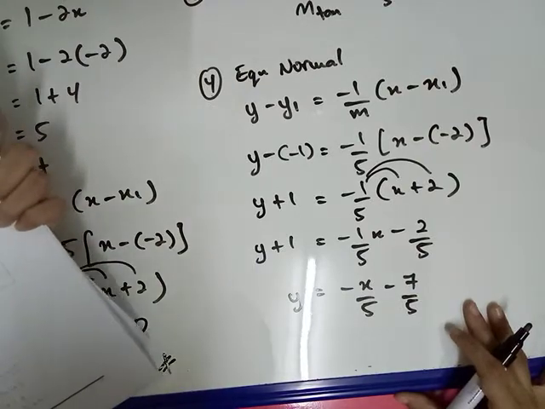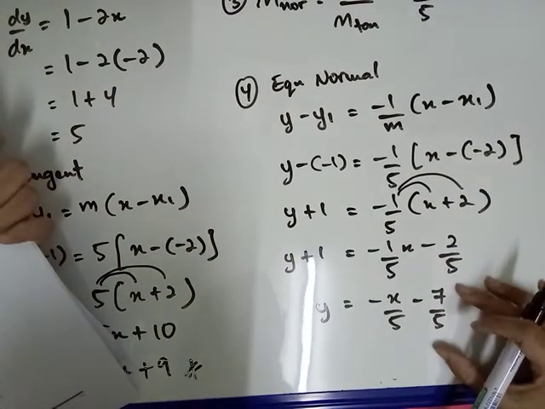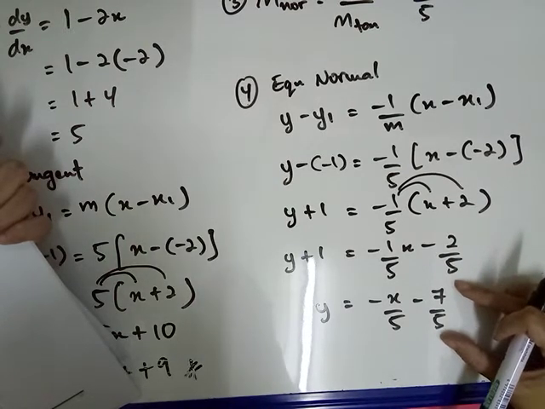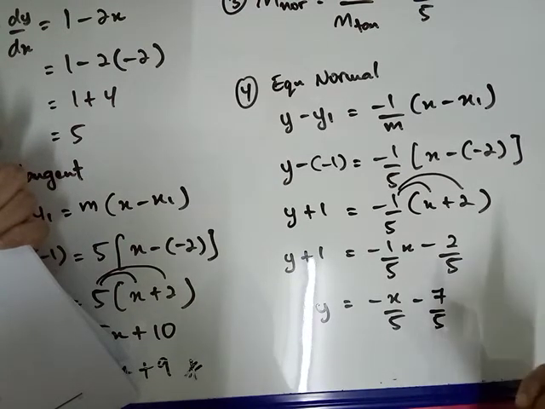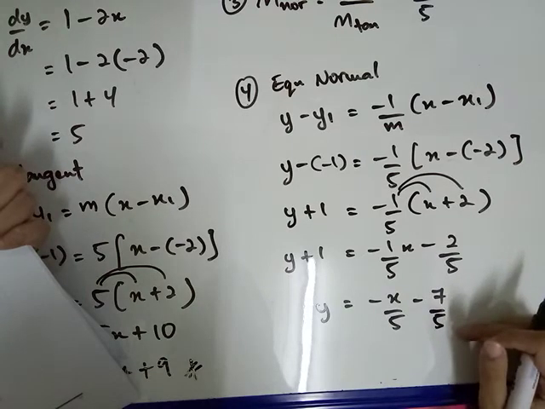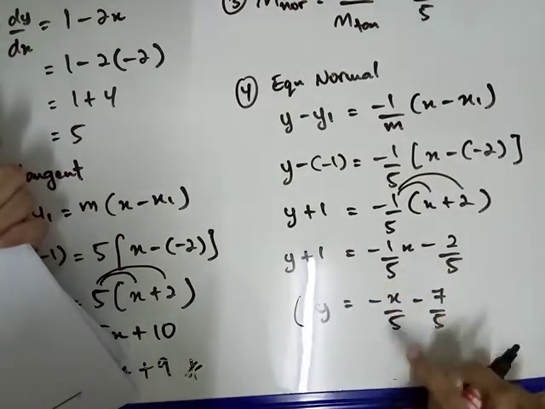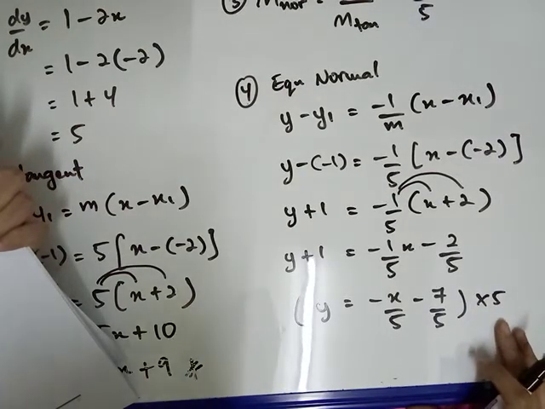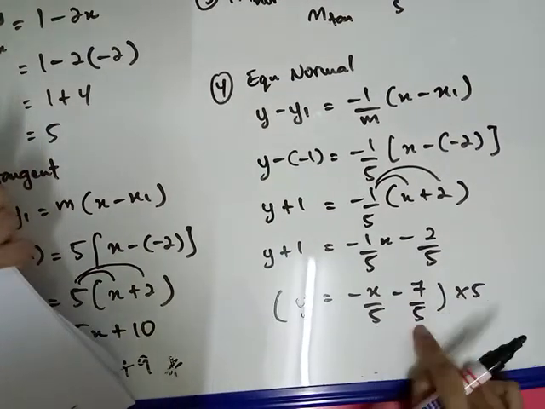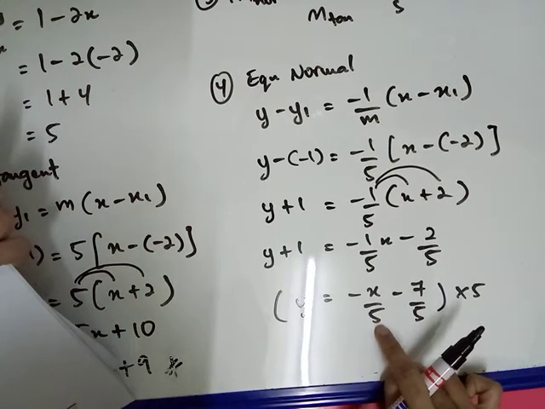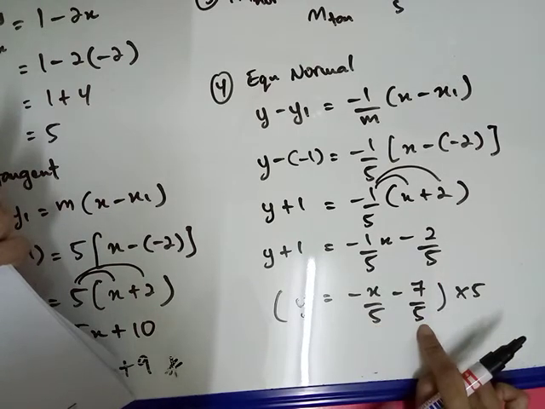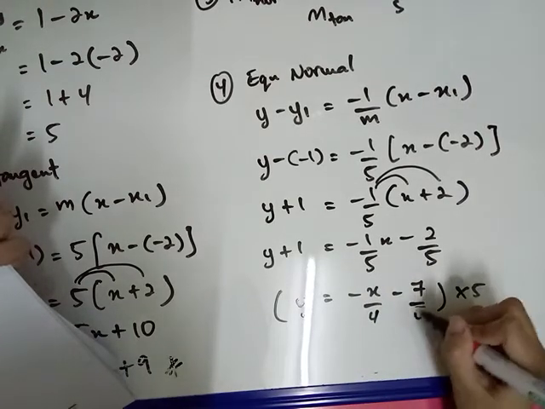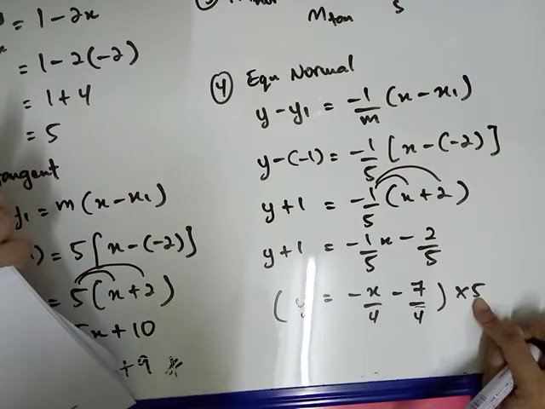Then for this equation, we cannot leave the answer as a fraction, so we have to eliminate the fraction. How to eliminate the fraction is to multiply by 5. Why multiply by 5? Because we have the denominator 5 here. If the denominator were 4, then you would have to multiply by 4.